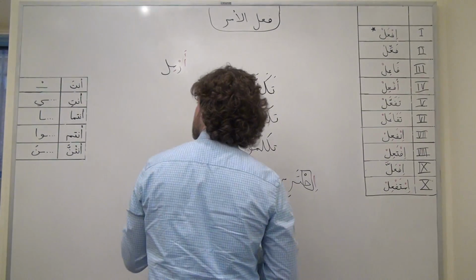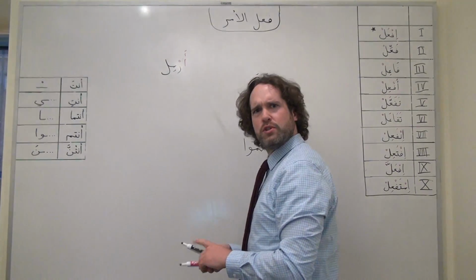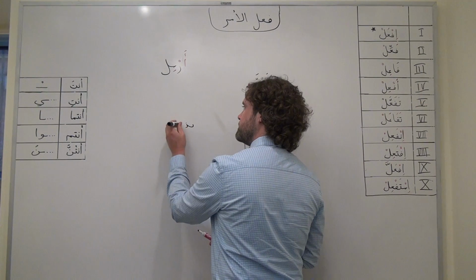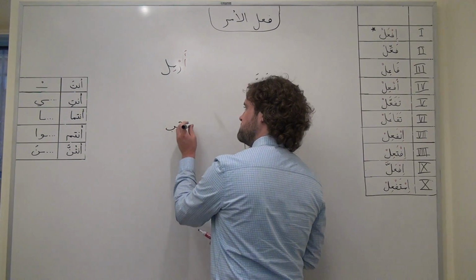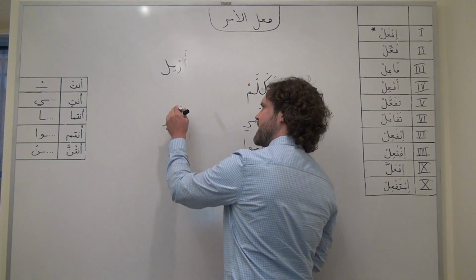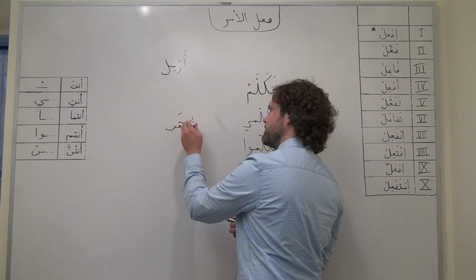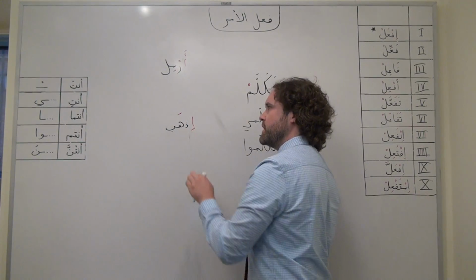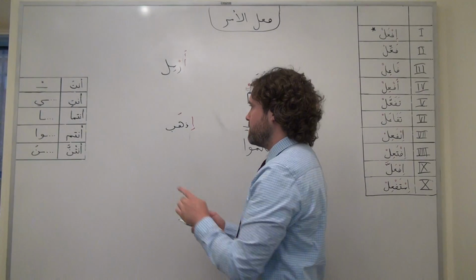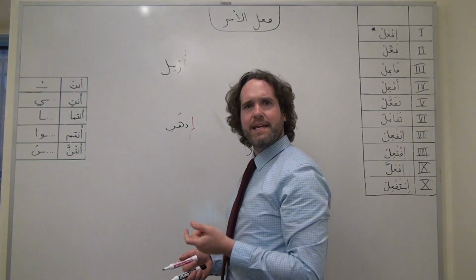That was a lot of words, so I'm going to share some examples. So if I want to say go to the party, or go to your room, or something like that, I would take tadhhab, for example, and then I have a fatha here, and with a fatha, I'm going to add an alif with a kasra, idhhab. Same thing if I have a verb whose middle vowel in Form 1 is a kasra.